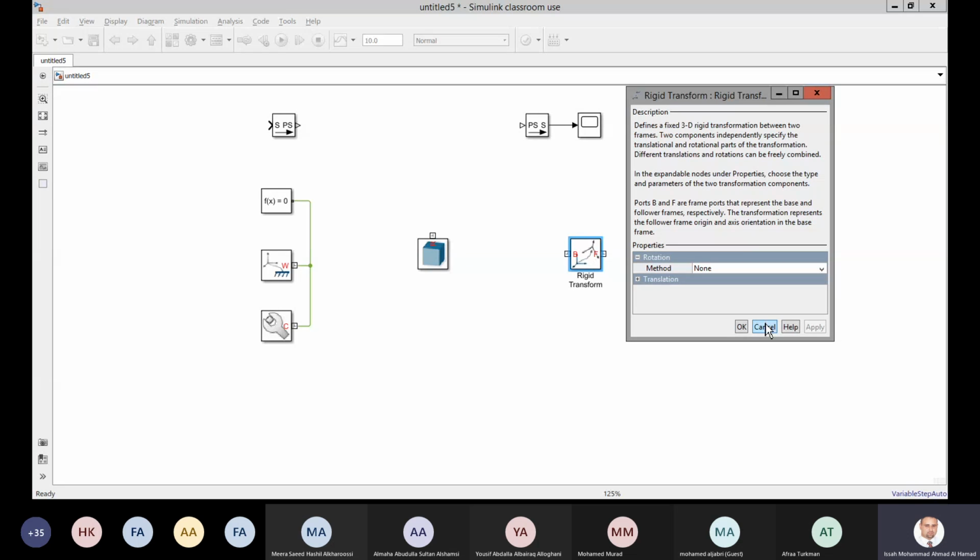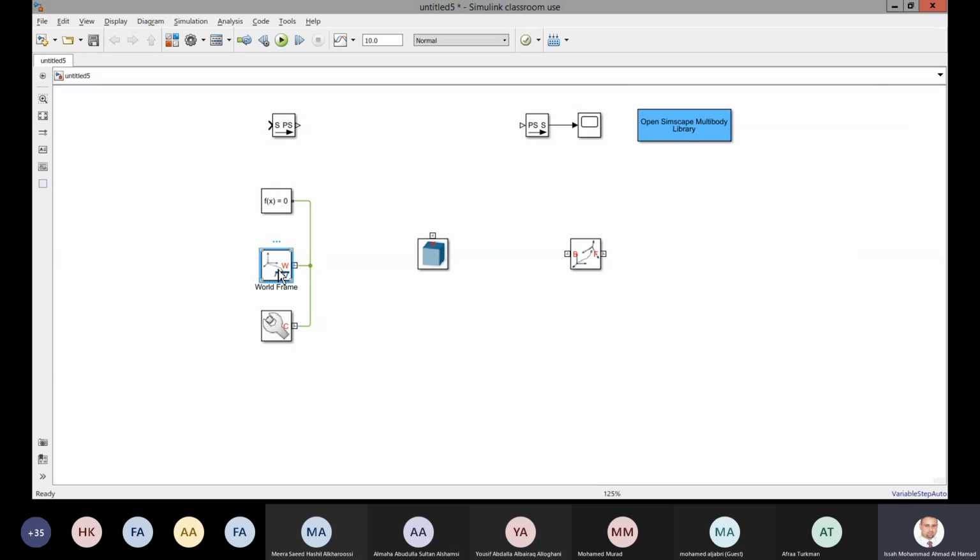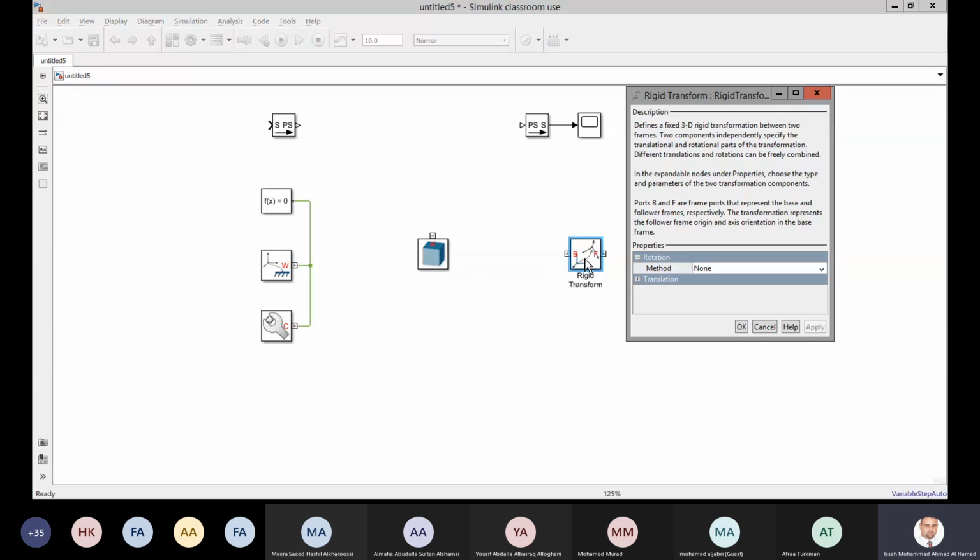This rigid transformation works with respect to the world frame. So it can change the rotation of the mass with respect to the world frame. So we don't need to play with the world frame at all. If you need to make any rotation or translation, you can do it here. So I will make a rotation for this mass.